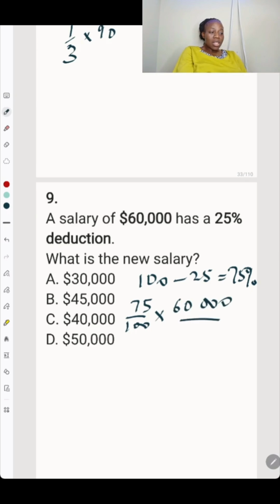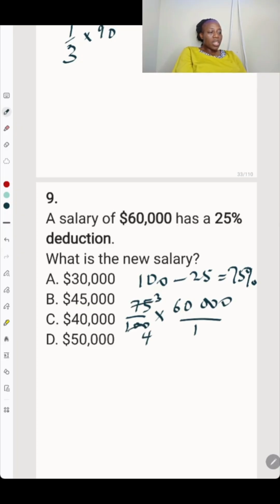We can divide the zeros, or the faster one will be: how many 25 in 75? 3. How many 25 in 100? 4. Then we can use 4 to divide 60.